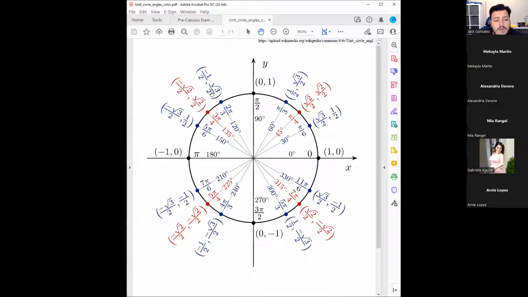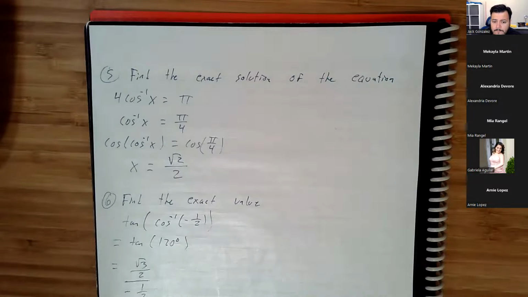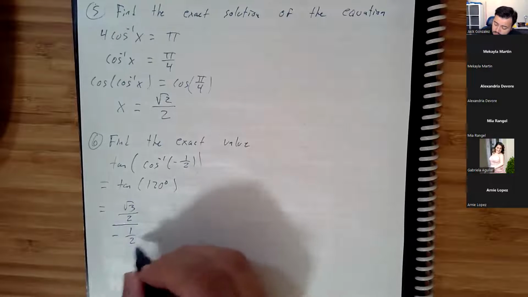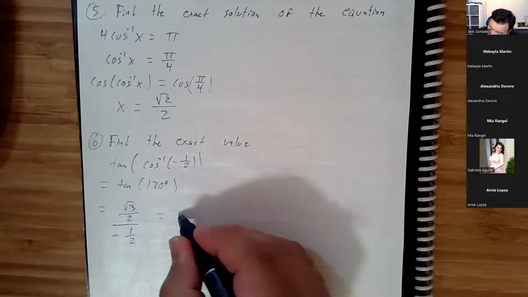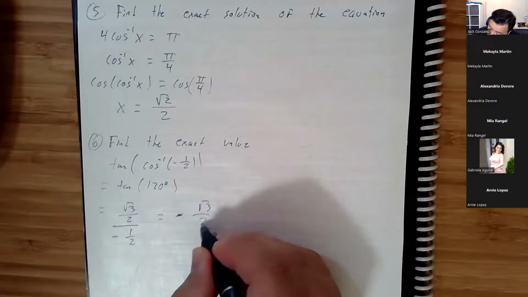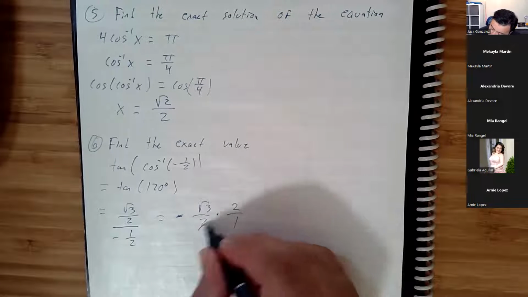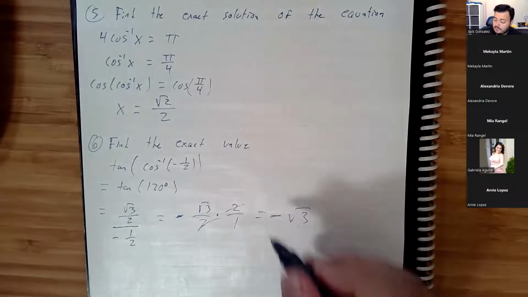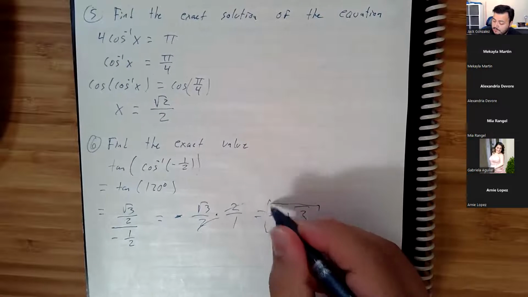The y divided by x, because that is tangent, y over x or sine over cosine. Okay, so here we are, divide them. This will become negative, positive divided by negative, square root 3 over 2 times 2 over 1, which is just negative root 3. So this would be your answer here.